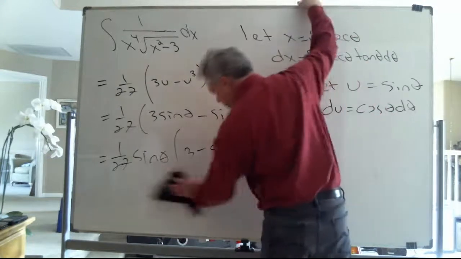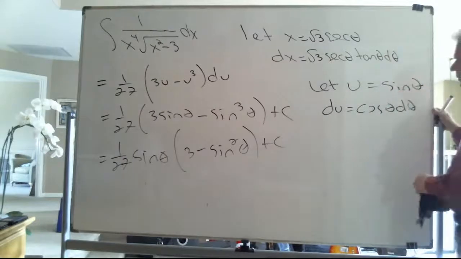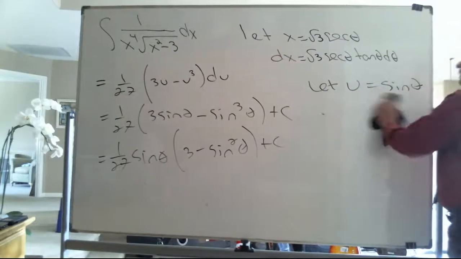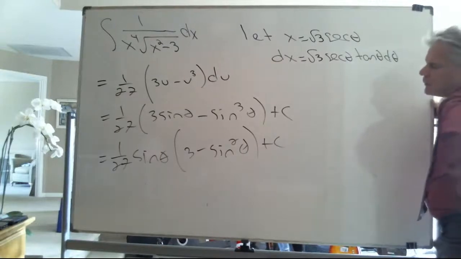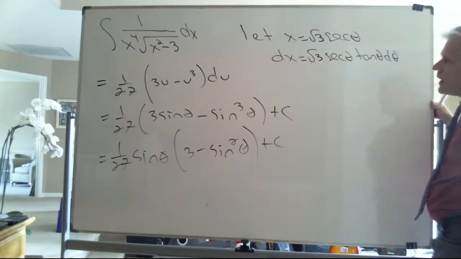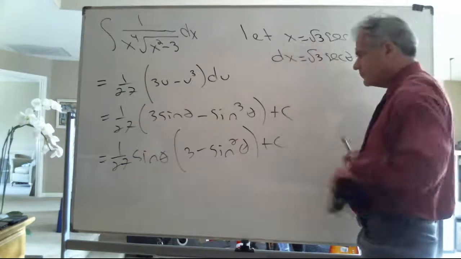I cleaned up a little bit. Now that I've gone back and back substituted with that relationship that I'm now erasing, let's you and I just take this one step further and back substitute to the original relationship I had between x and theta.